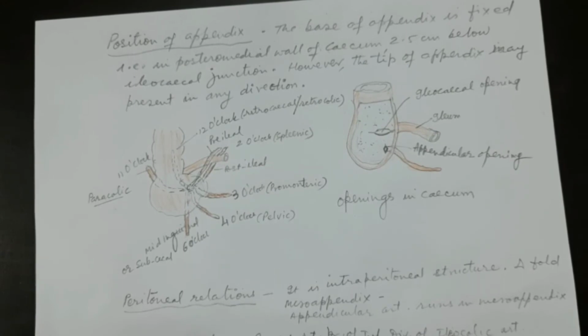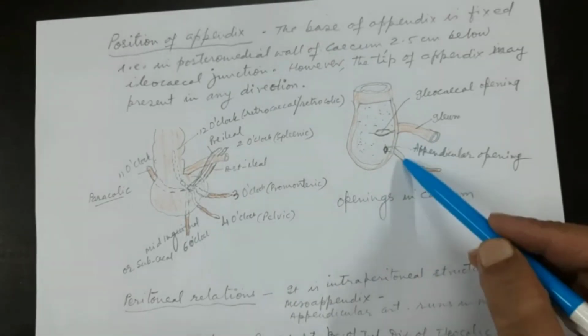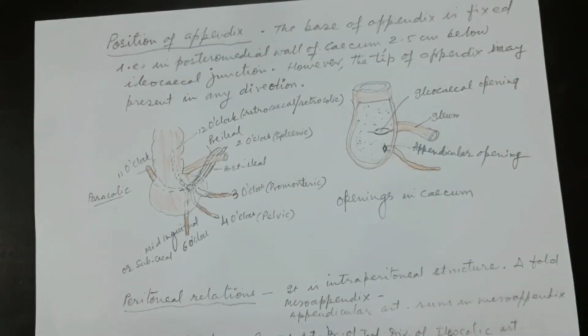This means the appendix is connected with the ileum through a fold of the peritoneum, as we have said, the mesoappendix. Within the mesoappendix runs the appendicular artery which supplies the appendix. So this is the peritoneal relation of the appendix: intraperitoneal.